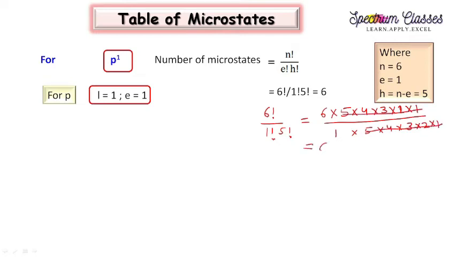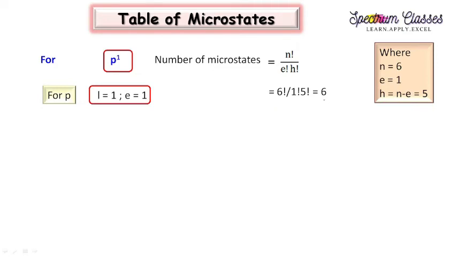So this is equal to 6. Second shortcut method is this. 6 factorial can be written as 6 into 5 factorial. 5 factorial means 5, 4, 3, 2, 1. So rather than writing this, we simply write 6 into 5 factorial upon 1 into 5 factorial. This will be cancelled out by this and 1 factorial is equal to 1. So we will get 6. So this p1 configuration has 6 microstates.